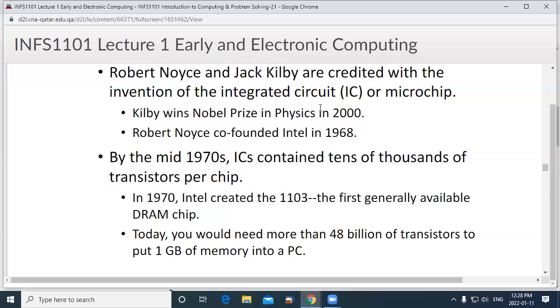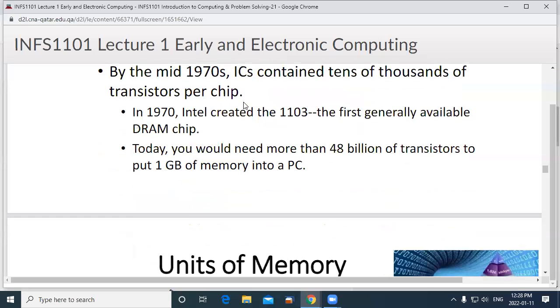China is making a lot of these things now, because they have cheaper manufacturing. That's brought down the price quite a bit. As this says, you can get onto a single chip as many as 48 billion transistors. That's a lot of circuitry on a little chip, whose raw materials are relatively very cheap.